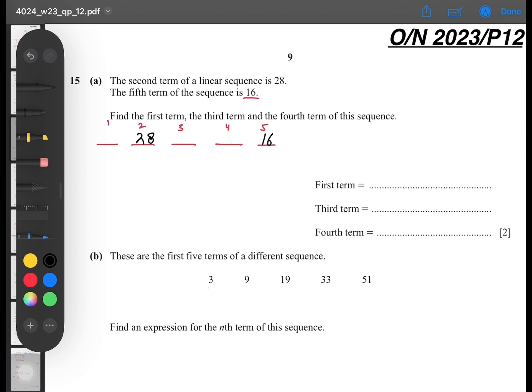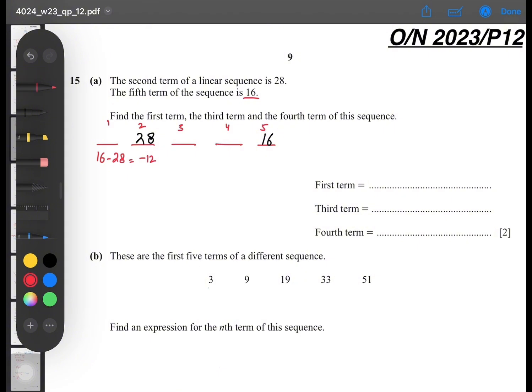To calculate the remaining terms, I will take the difference of 28 and 16. So it will be 16 minus 28, which is equal to minus 12. So I will divide by 3 because 16 is the third term after 28.